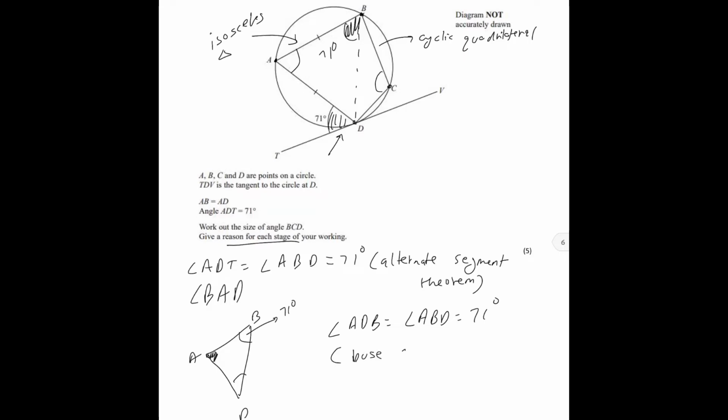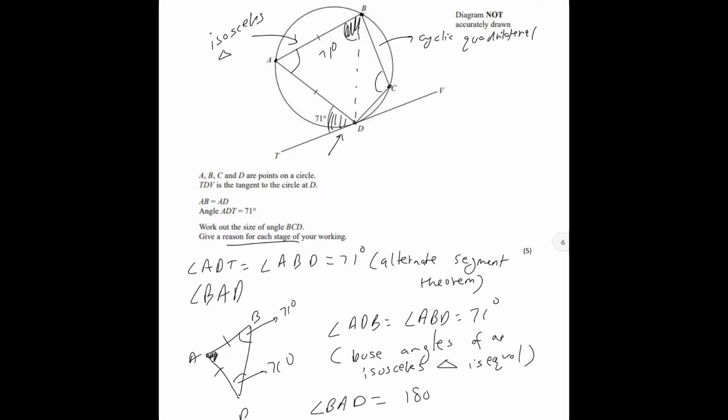The reason is because there are 2 strokes of lines that indicate it's an isosceles triangle. Base angles of an isosceles triangle are equal, you can mention that as well. So this is also 71 degrees.